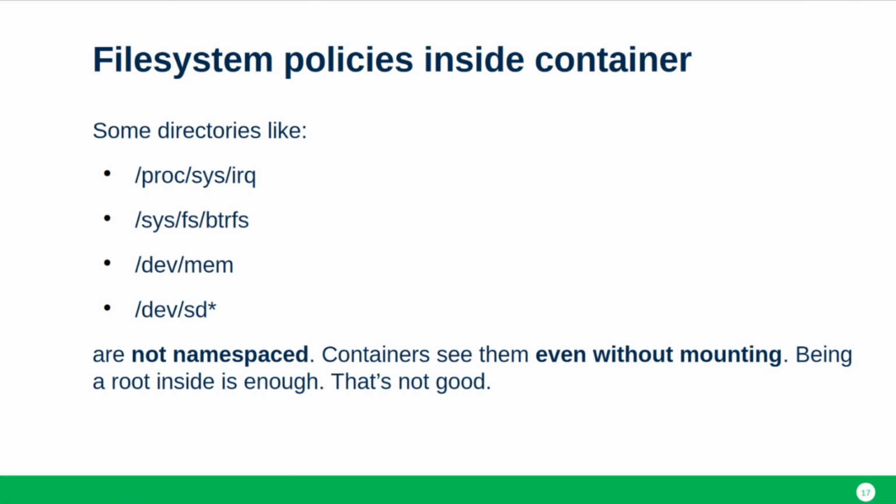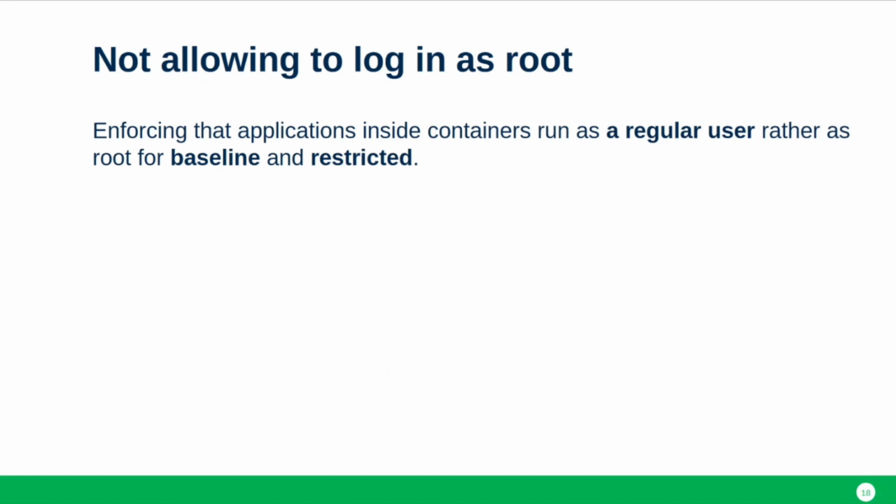And one of the features of lockc which we planned would be hiding those neuralgic directories, which are not really needed for traditional applications, from being accessed. And one other feature, which I'm not sure whether will work out, but that's something to try out, is enforcing that in baseline and restricted containers we can't log in as root.